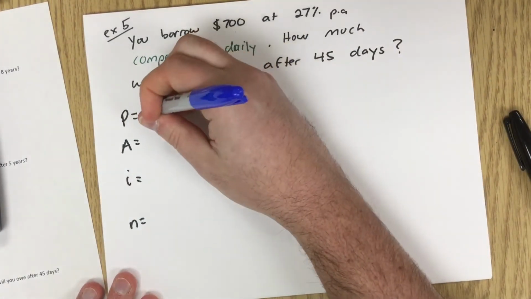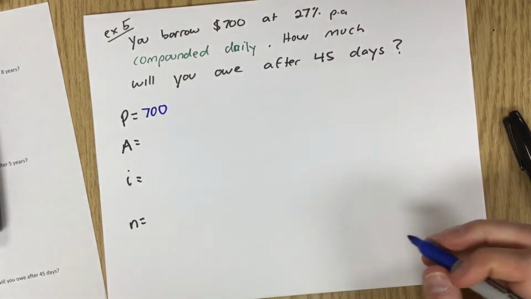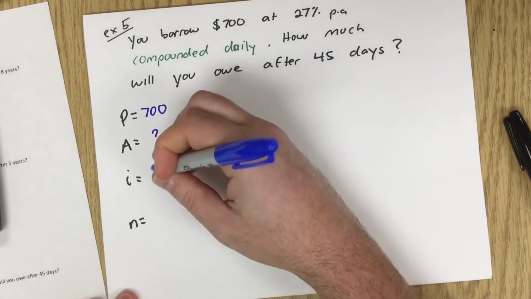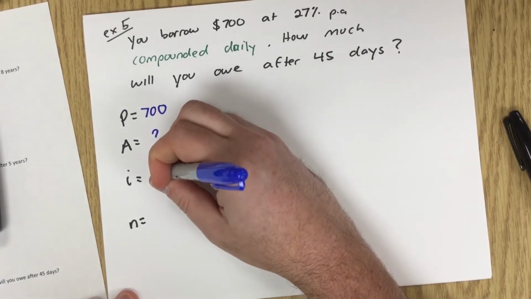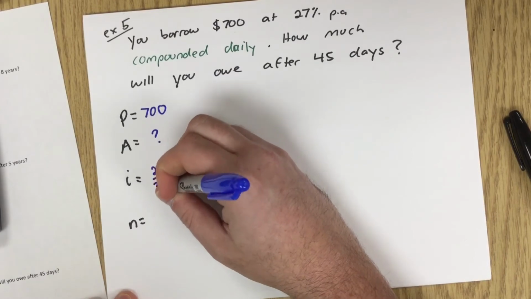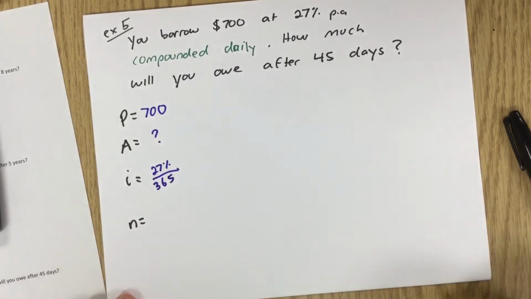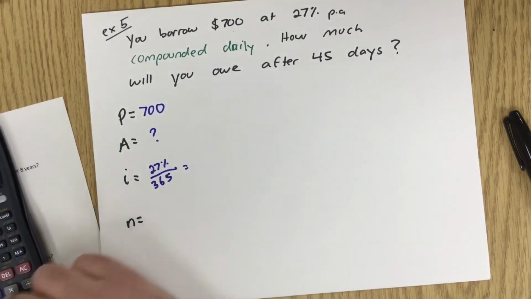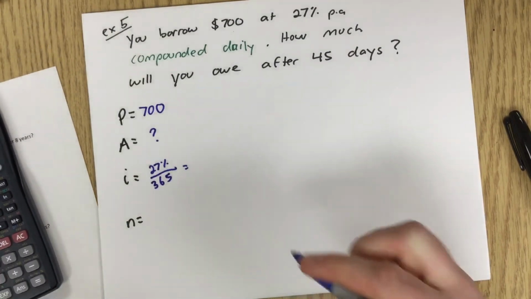So we borrowed $700. We don't know how much it's going to cost us at the end of the time. The interest is going to be 27%, and we'll say it's 365 days in a year. Obviously, it's not quite that, but we'll go with it, which is going to be 27 divided by 365.